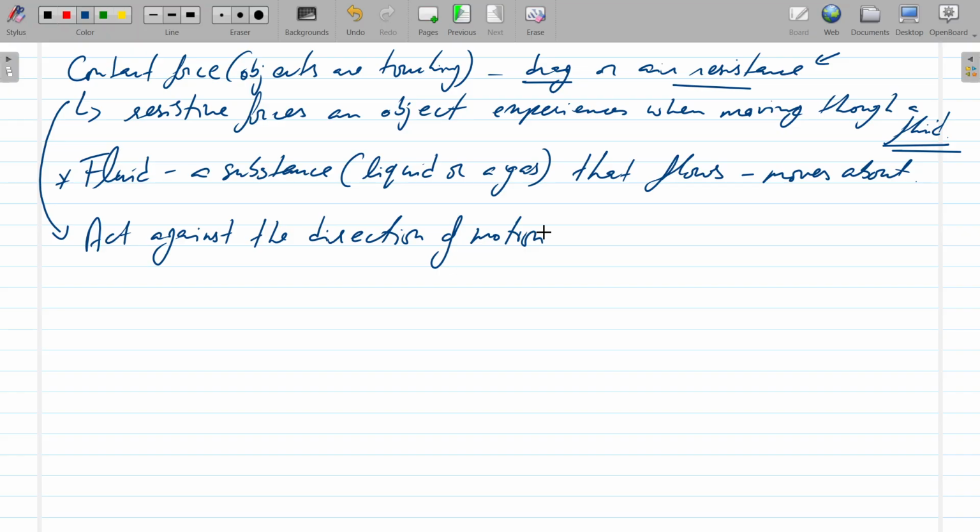Another contact force, so that's all they're talking about right now. We'll encounter some of this later on as well. Another contact force is tension. And that is a pull. It occurs in a string or it's an elastic force. So it occurs in a string or a spring that is stretched.